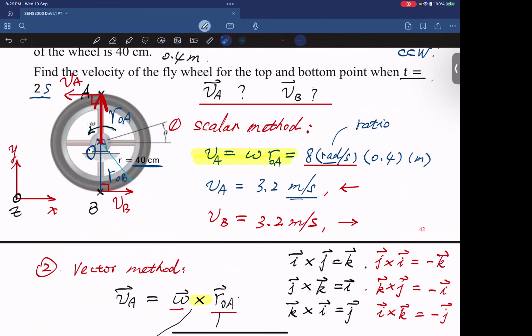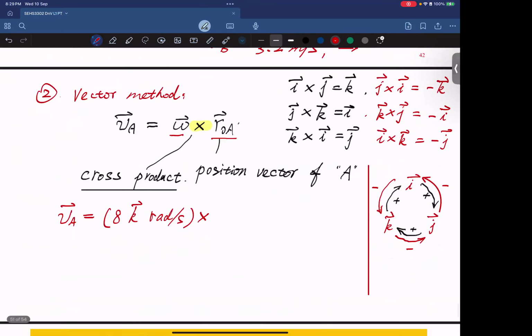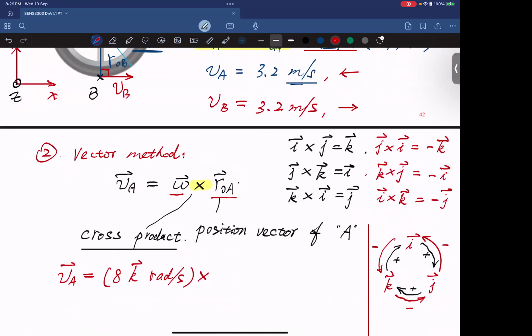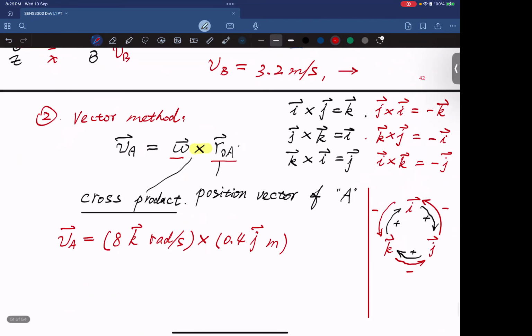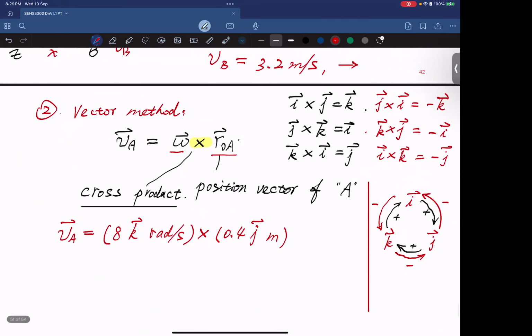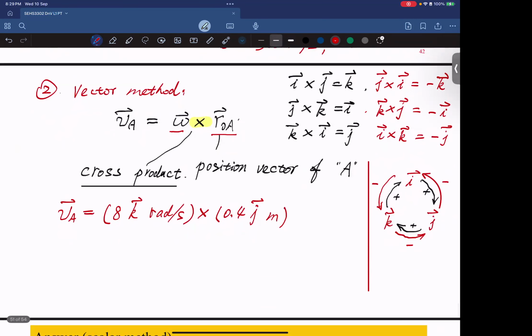And we know from O to A the distance is 0.4 meter. Therefore, this r_OA is 0.4 positive j meter. With these two quantities, we do the cross product, and finally we get v_A.